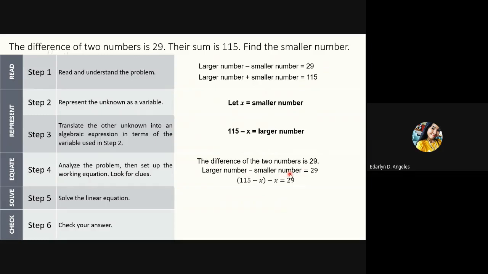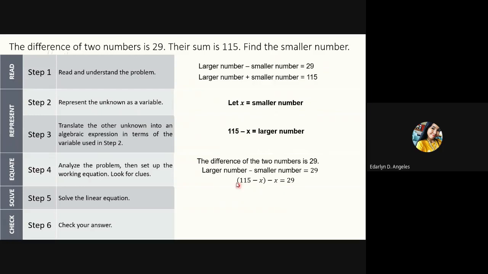Since our larger number, as we translated in step 3, is 115 minus x, and our smaller number is x, now we have set up our working equation, which is 115 minus x is equal to 29. That's our larger number, 115 minus x, minus our smaller number, which is x. That's why we derived this working equation.